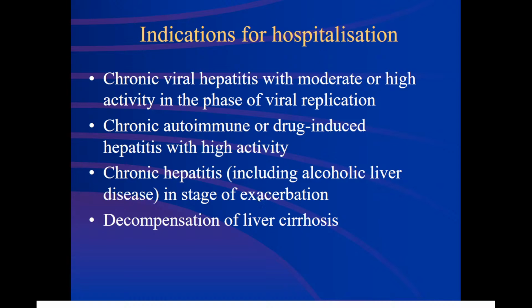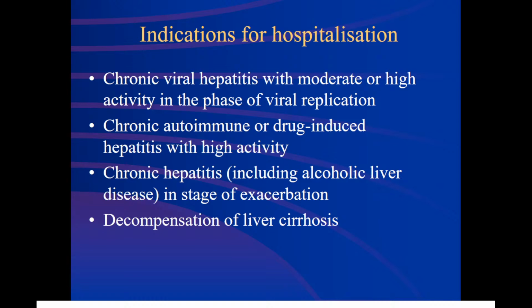Chronic hepatitis, including alcoholic liver disease in the stage of exacerbation. So it means steatohepatitis and alcoholic liver disease, which are characterized by a benign clinical course, sometimes can also lead to exacerbation, which is first of all characterized by cytolytic syndrome and mesenchymal inflammatory syndrome, high ESR level, high C-reactive protein, ALT, AST, and so on.